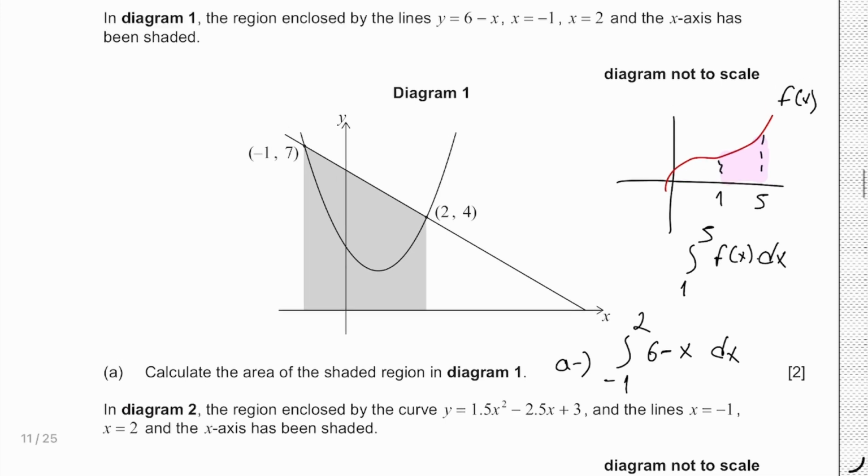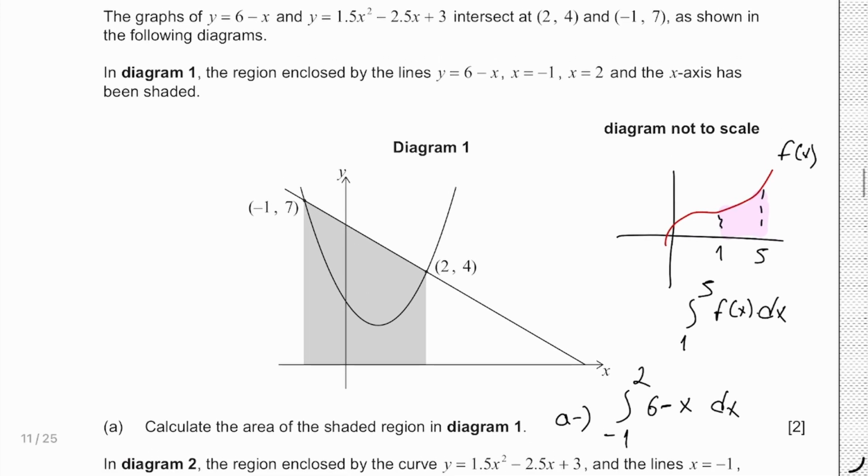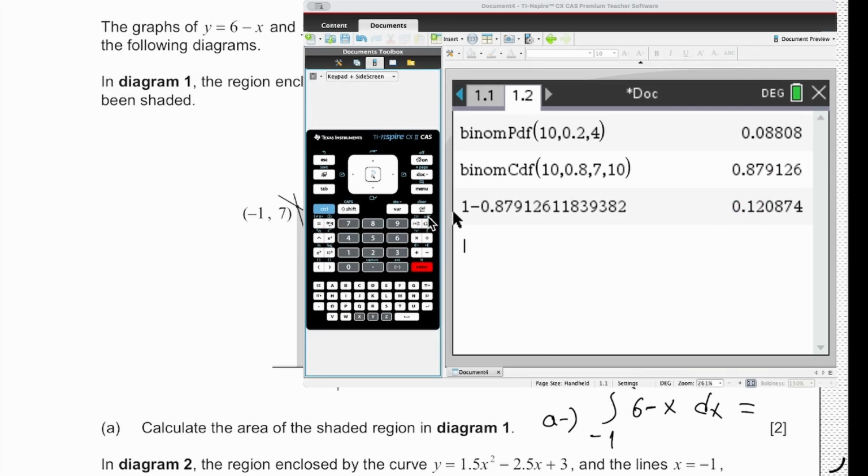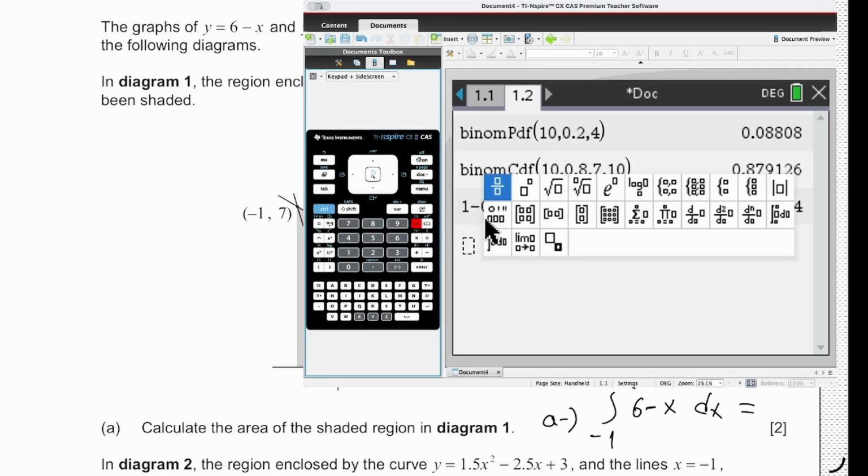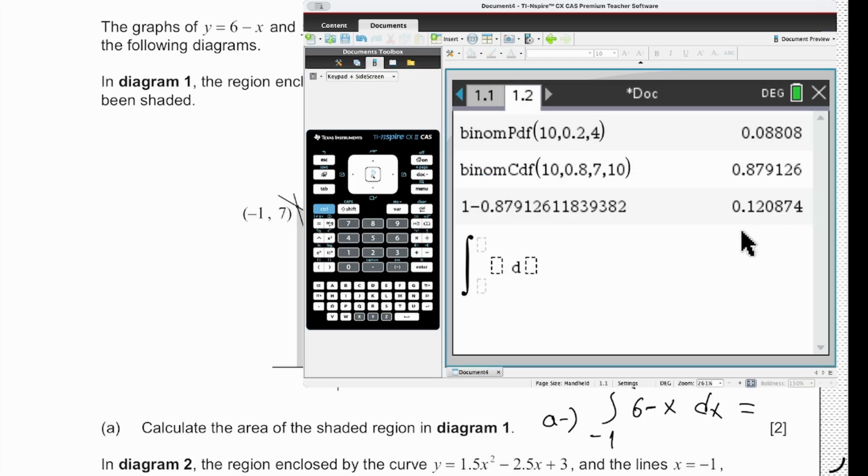Okay, let's calculate this with the calculator. Equals to definite integral. Where is it, guys? Okay, let me show you. You need to click this button, right? And you're going to see the integral here with the limits you see here, right? Okay, from -1 to 2.